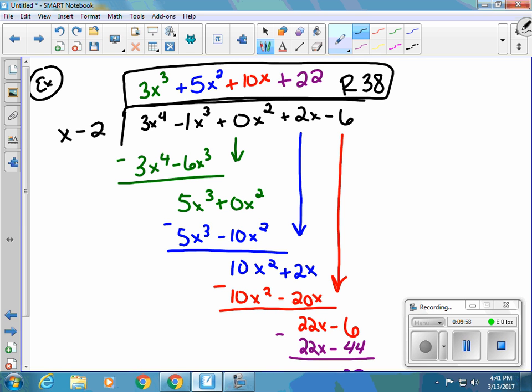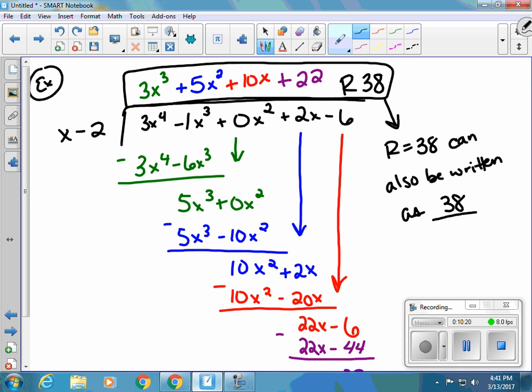If you wanted to get actually real technical and have it in the proper notation, remainder 38 can also be written as 38 divided by x minus 2. We get the x minus 2 because that's what we were actually dividing.